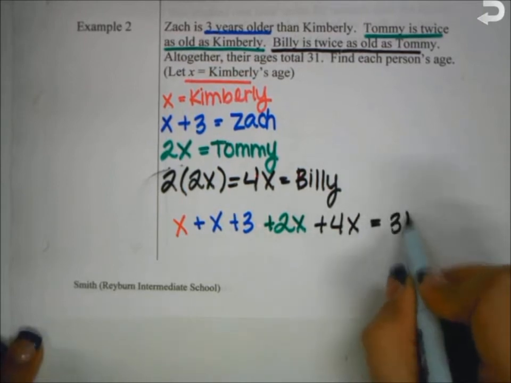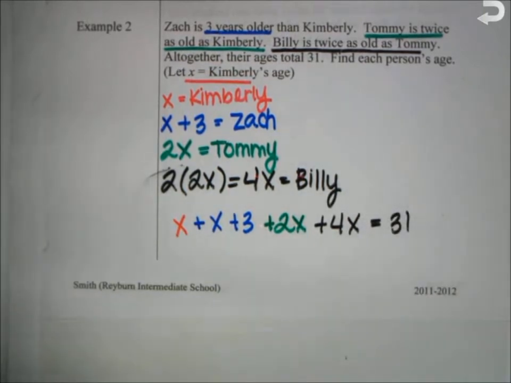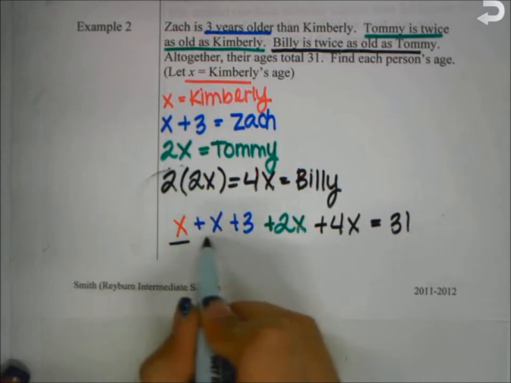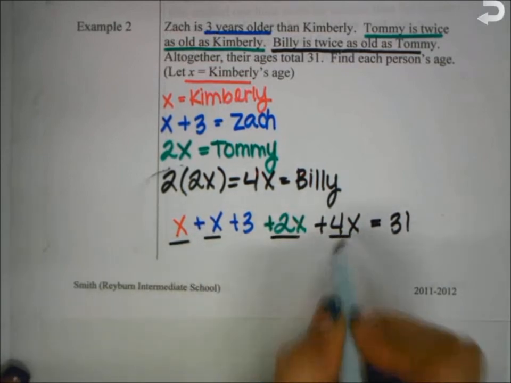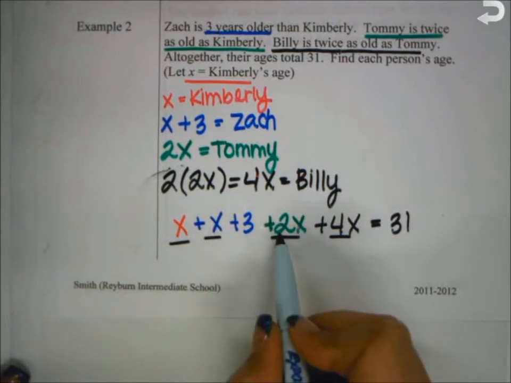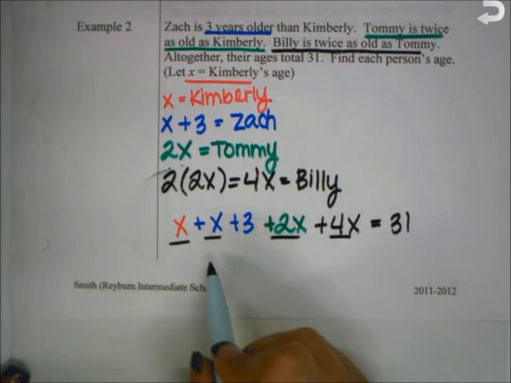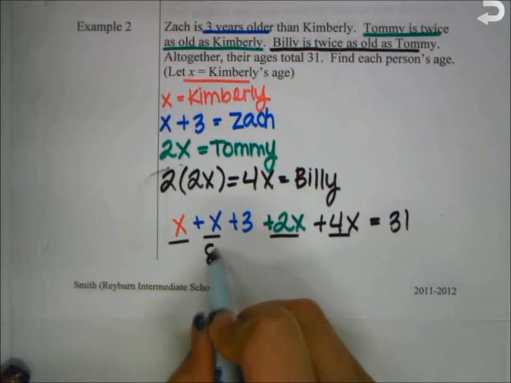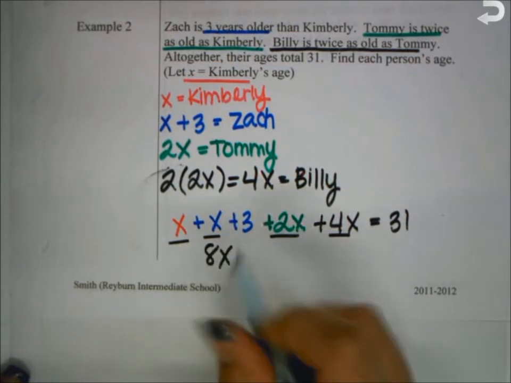And then to solve this, we combine like terms. I have x plus 2x plus 4x. 1x plus 1x is 2x, plus 2x is 4x, plus 4x is 8x. And then I have a plus 3 all by itself, so plus 3 equals 31.